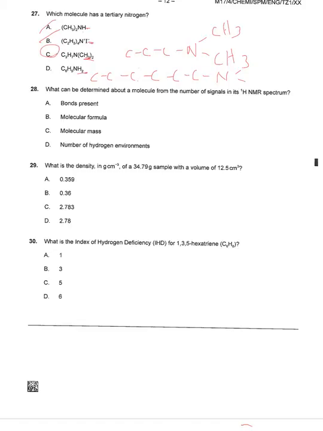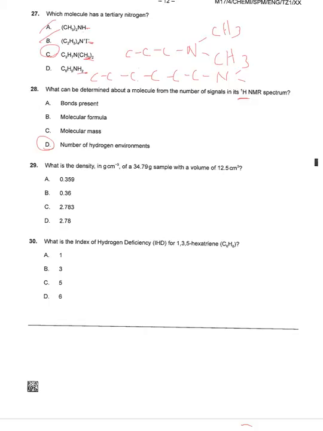28, what can be determined about a molecule from the number of signals in the hydrogen 1 NMR spectrum? Hydrogen's right in the name, and that's your clue that it's the number of hydrogen environments. 29, what is the density in grams per cc of a 34.79 gram sample with a volume of 12.5?